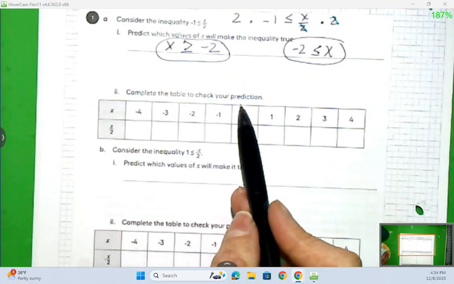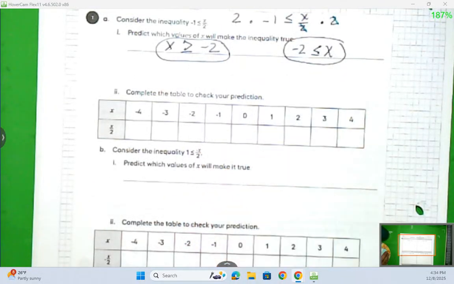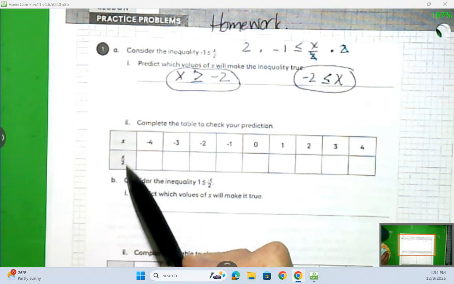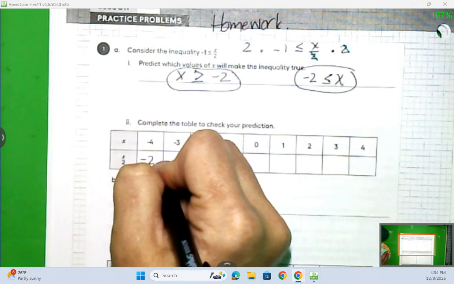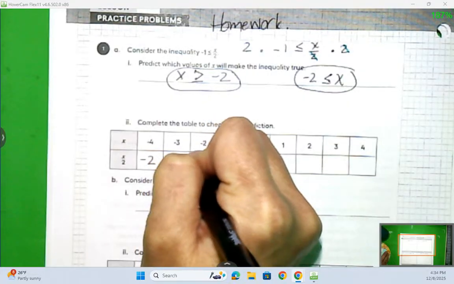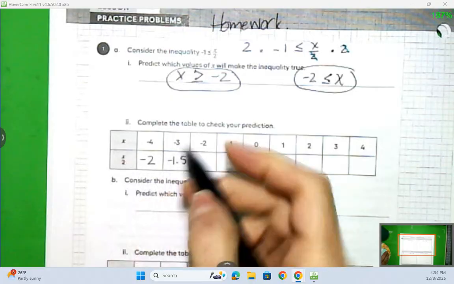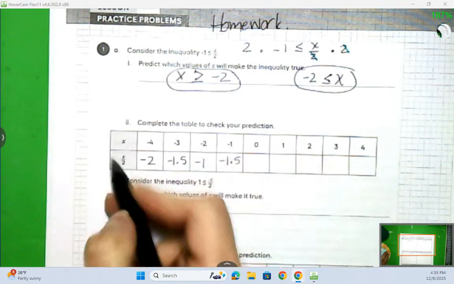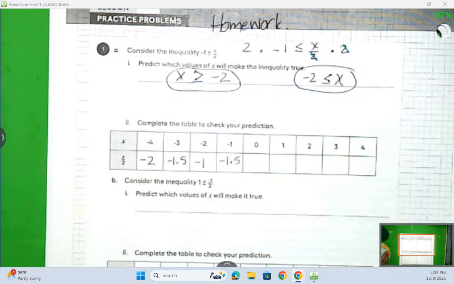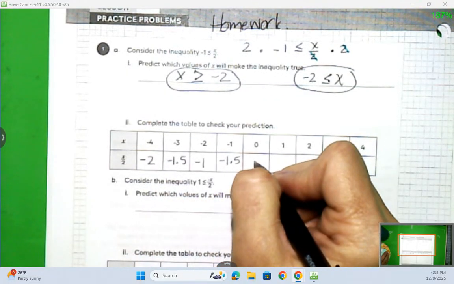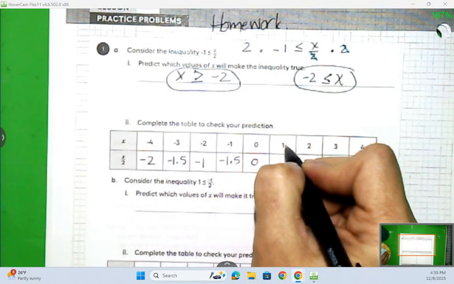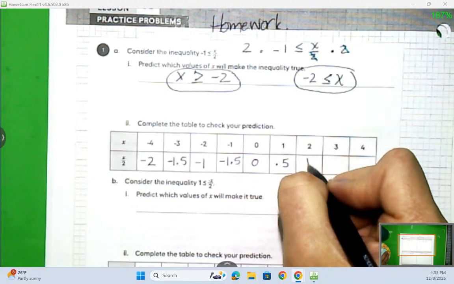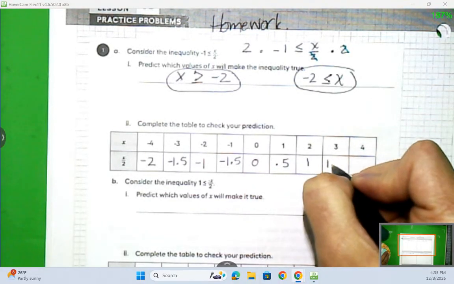Then it says to check your prediction. Well, we didn't predict, we actually worked it out. So if I had negative 4, negative 4 divided by 2 is negative 2. Negative 2 divided by 2 is negative 1. This would be negative 1.5 because negative 1 divided by 2 is negative 1/2. 0 divided by 2 is 0. 1 divided by 2 is 1/2 or 0.5. 2 divided by 2 is 1. 3 divided by 2 is 1.5.